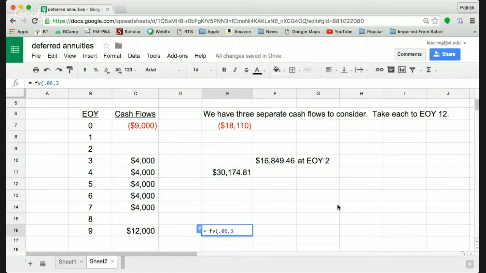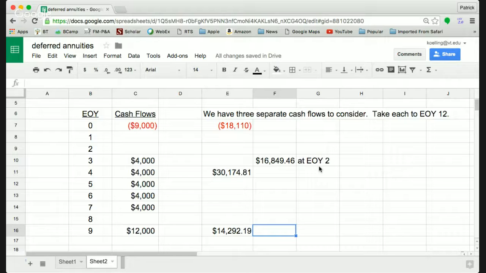That's 3 periods. There's no uniform cash flow here. We're looking at a single value, and that value is $12,000. We move that forward, and it's 14,292.19.